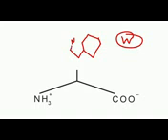So we just complete the structure, and there we've got our 5-membered ring. Fill in our double bonds, and then we just connect it to our backbone. So this is actually, we have our beta carbon here connected to this carbon of our indole group, and that gives you tryptophan.